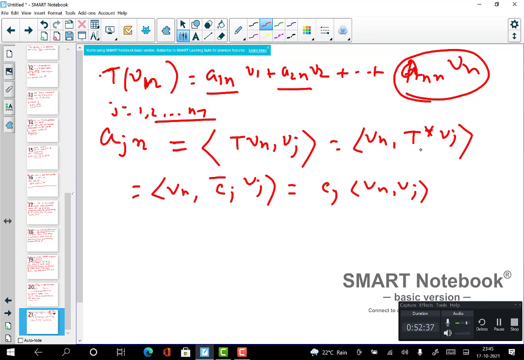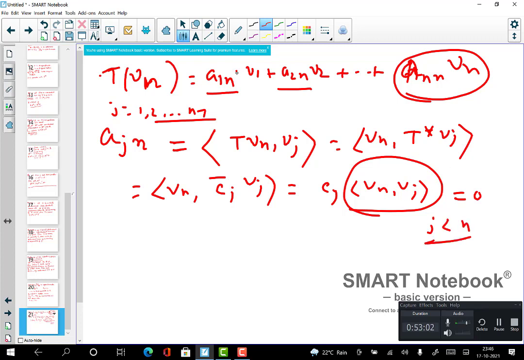I will give the proof, but remember that T star also has an eigenvalue, the conjugate of the original one. But what is important is that this is orthonormal, so this becomes 0. Whenever j is less than n, this always vanishes.